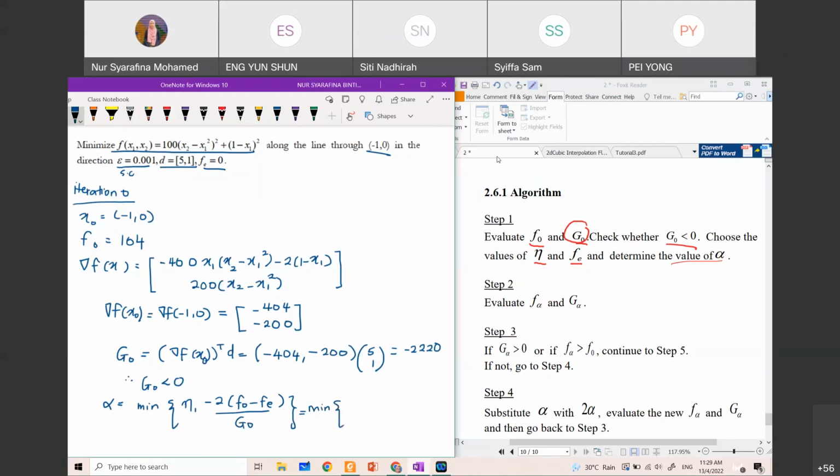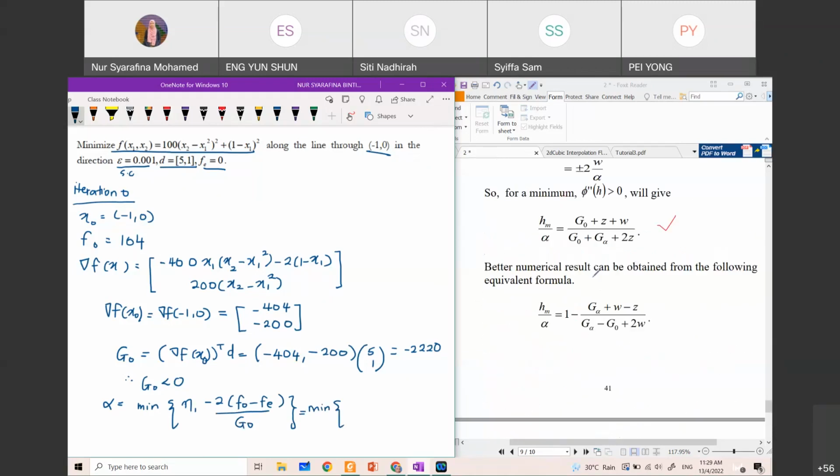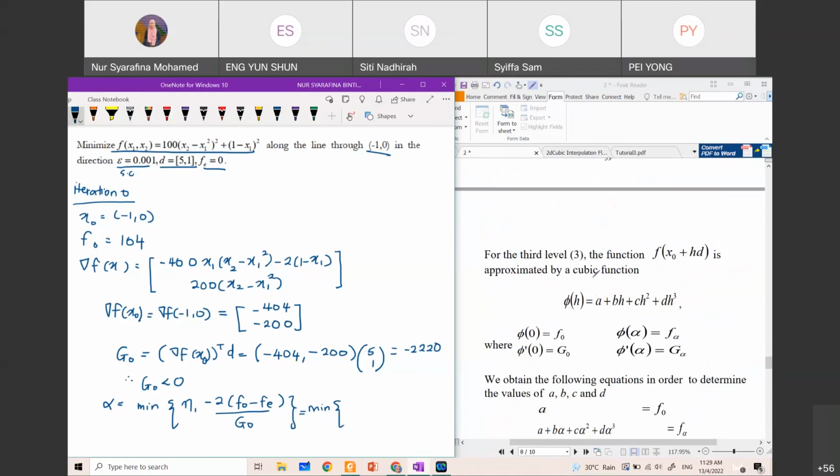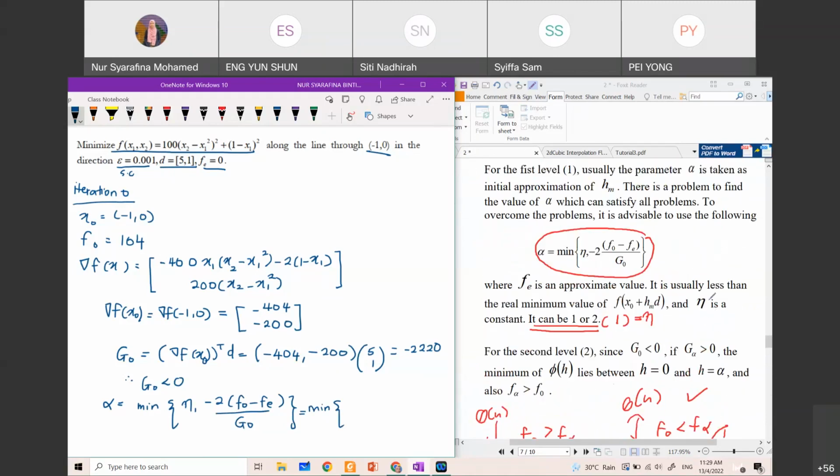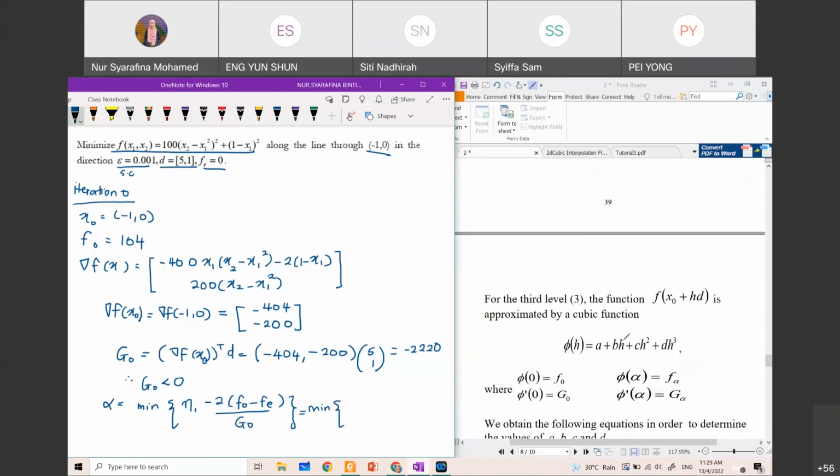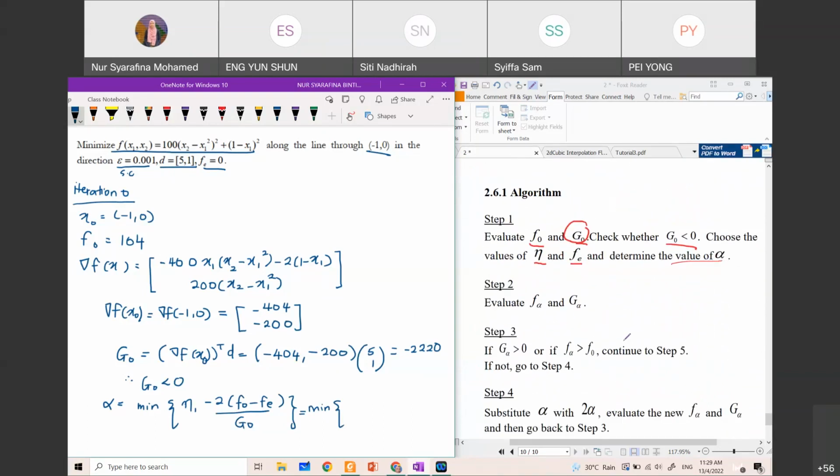Remember, what is our eta? What is our option for eta? Eta is a constant. It can be either 1 or 2, and usually we always choose 1. So 1, and minus 2 times (f0, which is 104, minus fe, which is given) over g0, which is minus 2220.